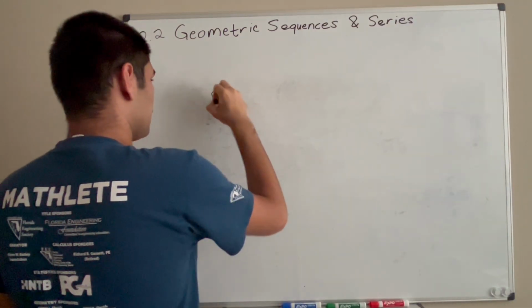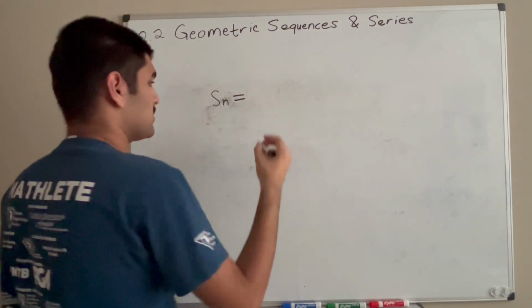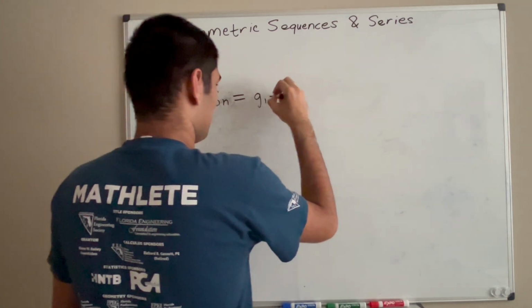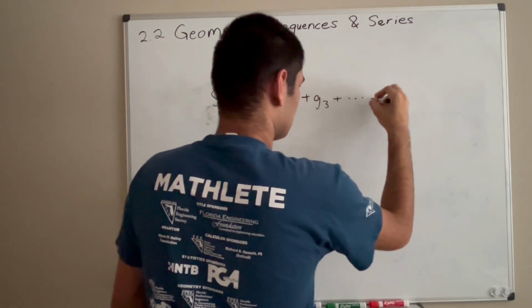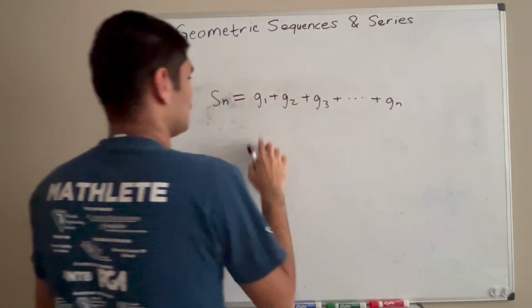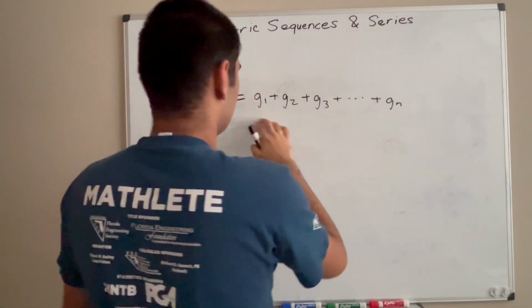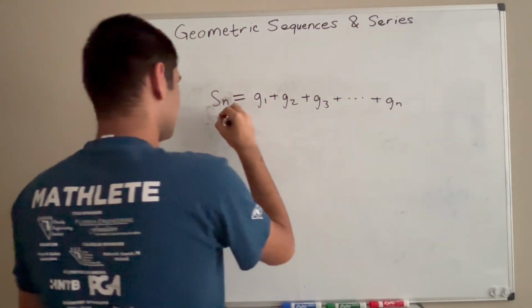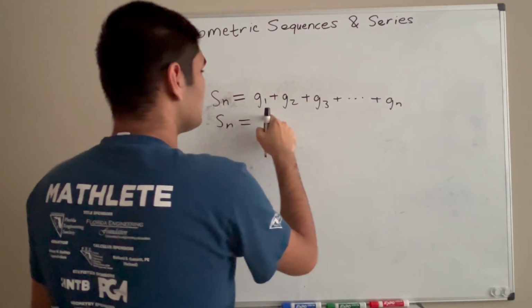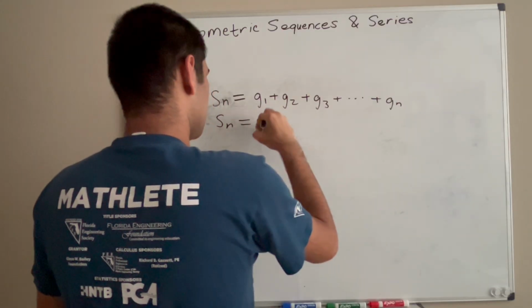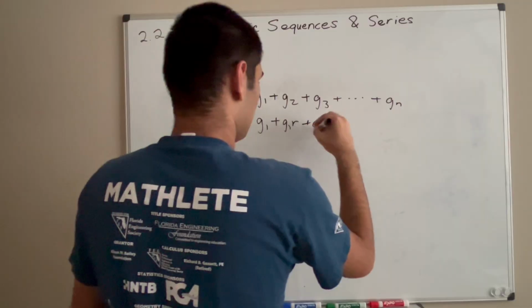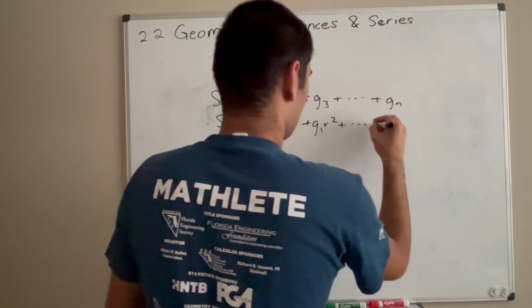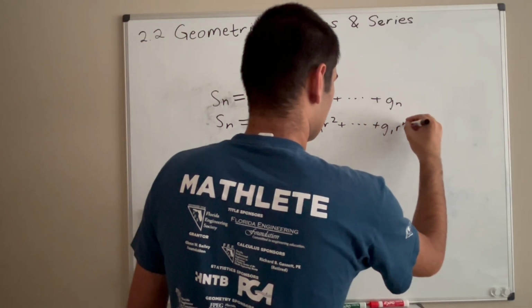So a finite geometric series has this general form. These are just the terms of a geometric series, and we're just adding them all up. We can rewrite this as g1 plus g1 times r plus g1 times r squared and so on, plus g1 times r to the n minus 1.